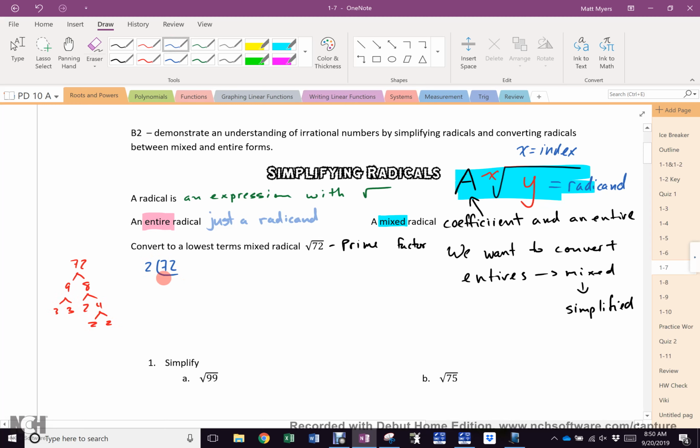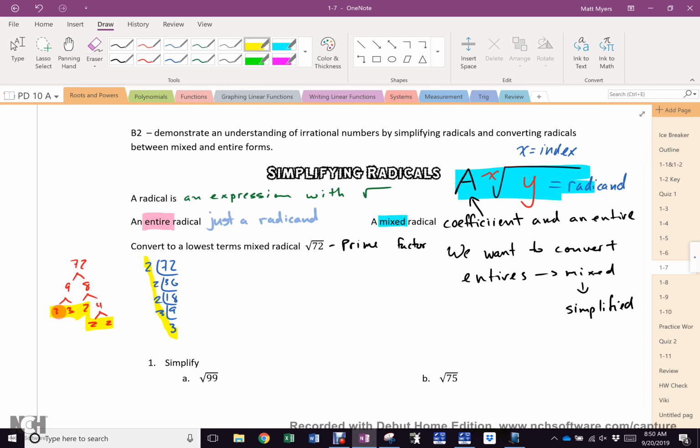Now some of you will then maybe want to do this. 72 divides by 2. 36 divides by 2. 18 divides by 2. 9 divides by 3. 3. I don't care, because what happened right there? I got the same numbers. I don't care how you factor it.